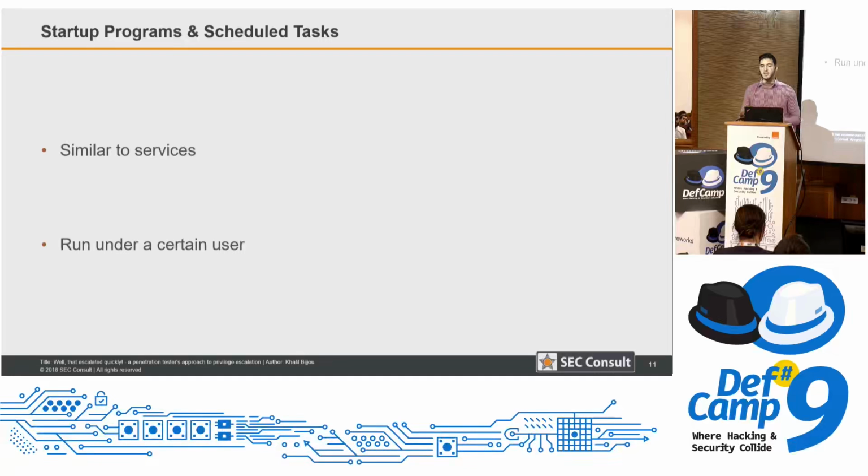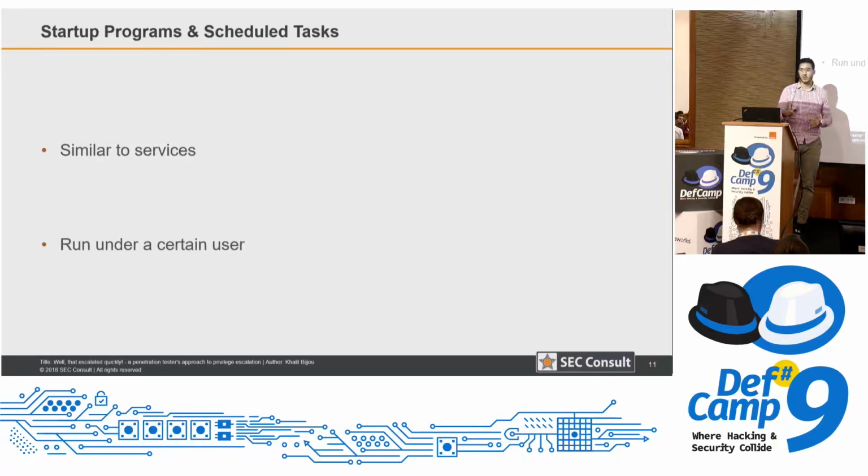And scheduled tasks are processes that run at a certain time or after a certain period of time. Both of these again run in the context of a certain user. In the later stages, we want to attack those startup programs and scheduled tasks that run in the context of a high-privileged user.